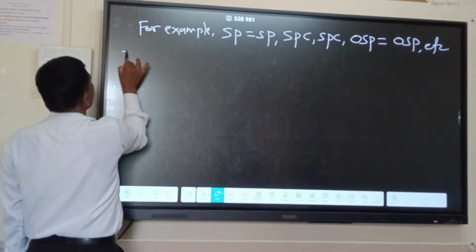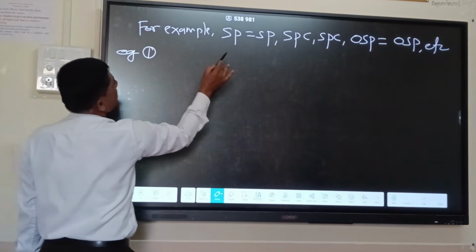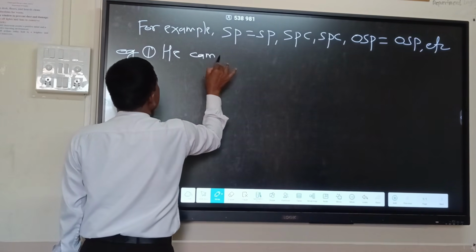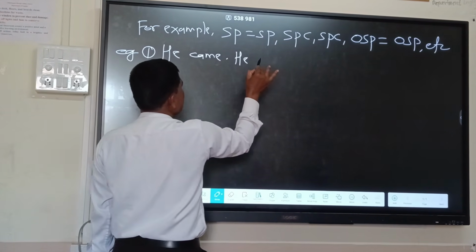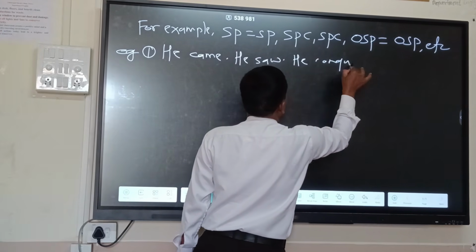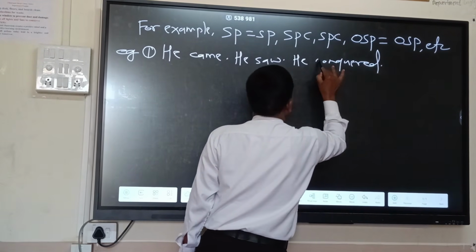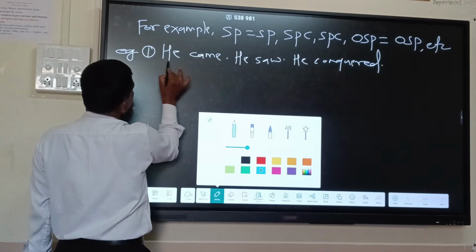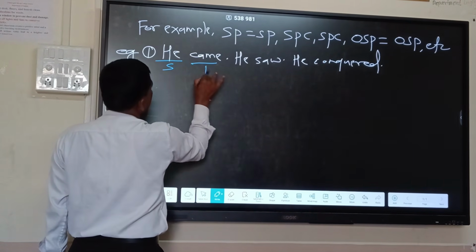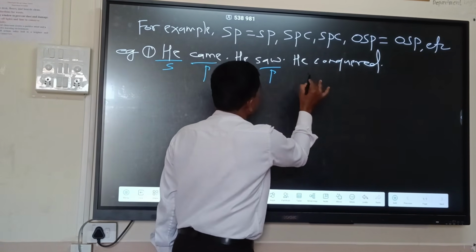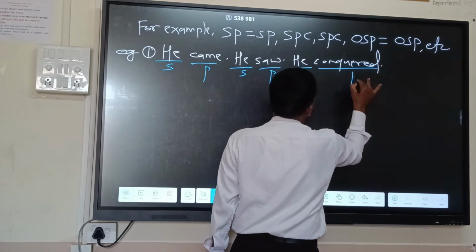For example, SP: he came. He saw. He conquered. Here he is the subject, came is the predicate; again he is the subject, saw is the predicate; he is the subject, conquered is the predicate.